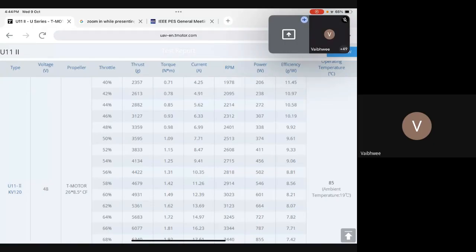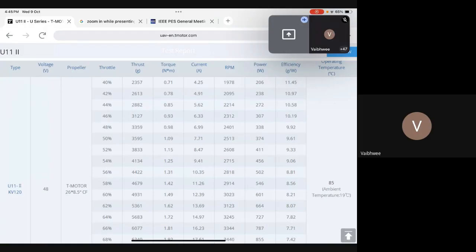Here the pitch is a little large and the diameter is big. And then you have the throttle rating. For example, at 50% throttle, it is able to generate a thrust of roughly 3.5 kgs. The torque that it is experiencing is 1.09, where you have an efficiency of 9.61. For every watt consumed, it is able to generate 9.6 grams of thrust.